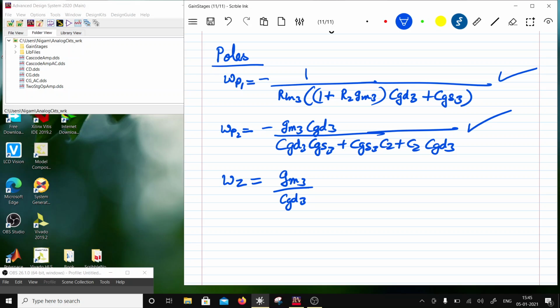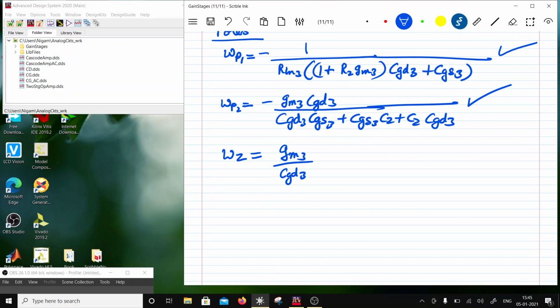Now let us see what happens when we go to compensation. You would see that if I was to increase GM3, then this WP will go down and this will go up.